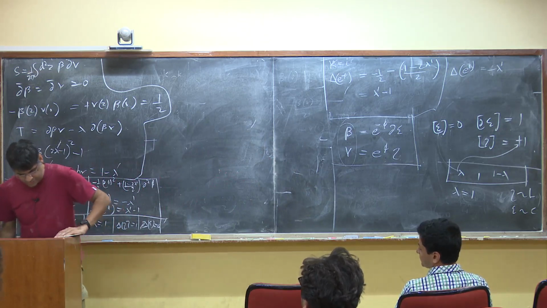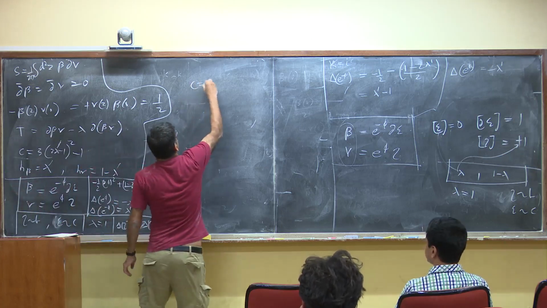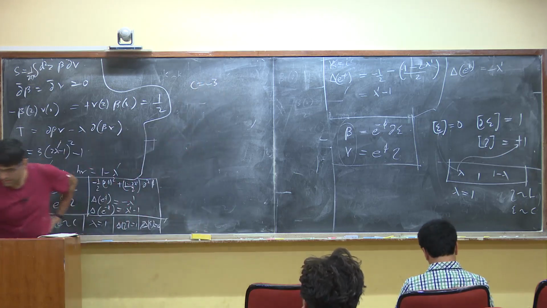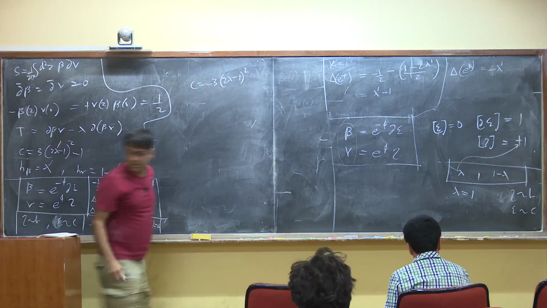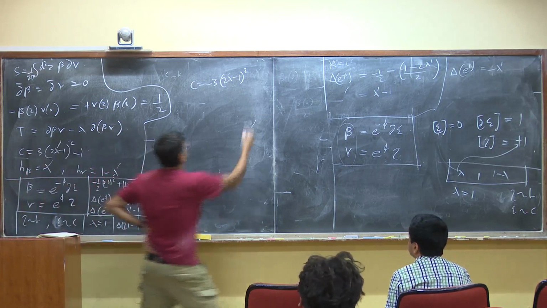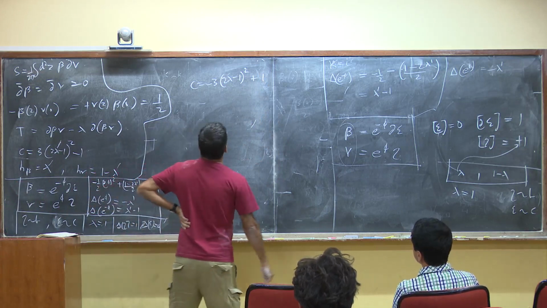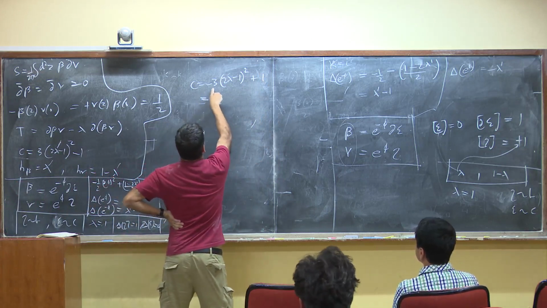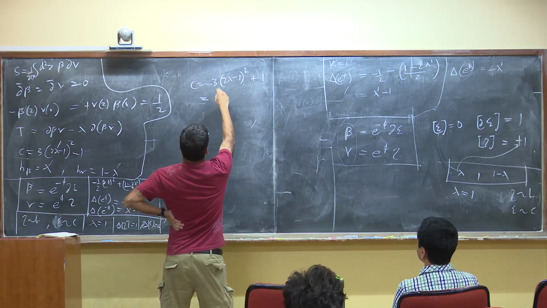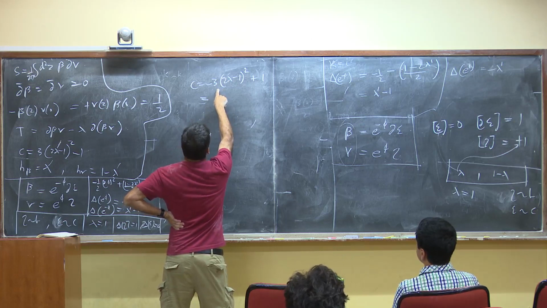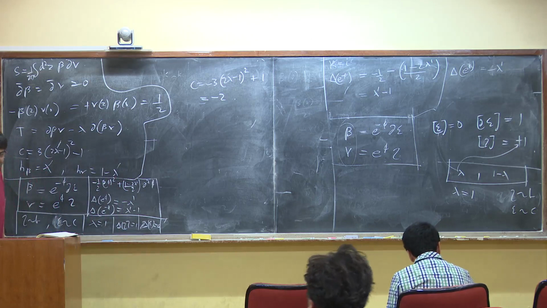Right, so the formula for the central charge was C is equal to minus 3 into 2 lambda minus 1 whole thing squared plus 1. So if we set lambda is equal to 1, then you get 1 squared; lambda is 0, you get minus 1 squared exactly. So it's a degeneracy, and both choices give us minus 3 plus 1, so minus 2. So C is equal to minus 2 from here.